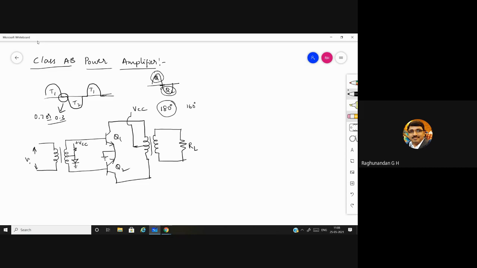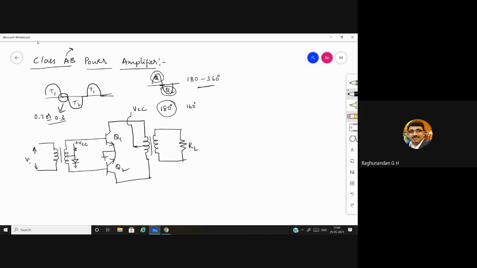That's why, instead of having the output for 180 degrees, we take it for more than 180 degrees. So that's why we say the class AB power amplifier works for greater than 180 degrees but less than 360 degrees.